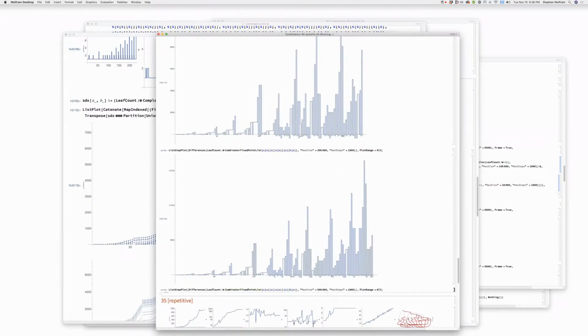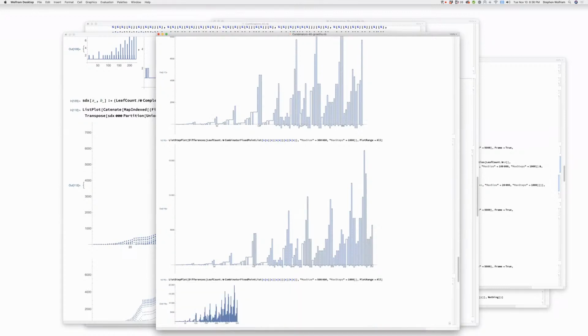Let's go for big time. Let's do 500,000. I think this is our first bona fide Rule 30-like creature.